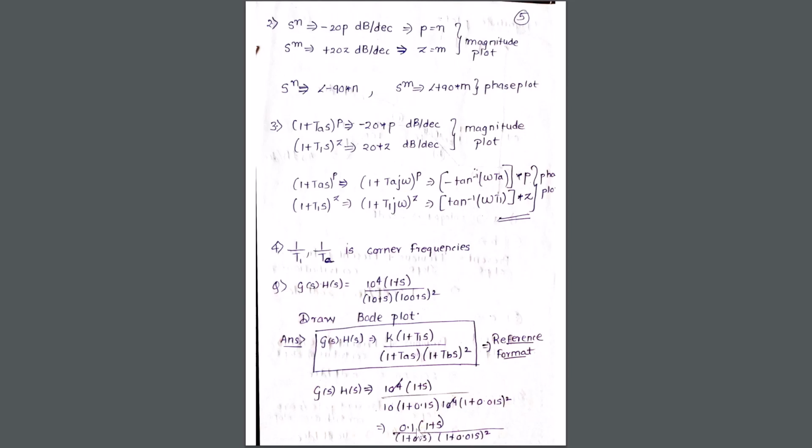This is in the denominator. Hence, I have minus 20 into p, that is minus 20, because my p value stands for 1 here. Previous is plus 20, present contributing is minus 20, hence it is 0. Hence, I have a straight line. The next corner frequency is 100. How 100?